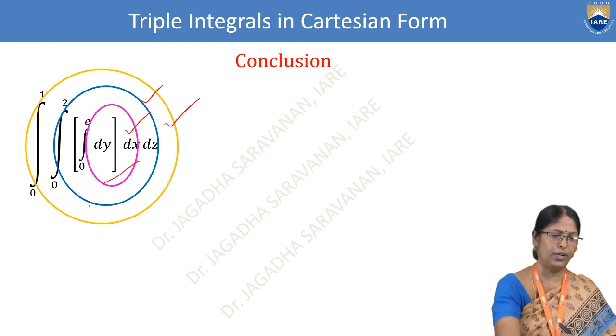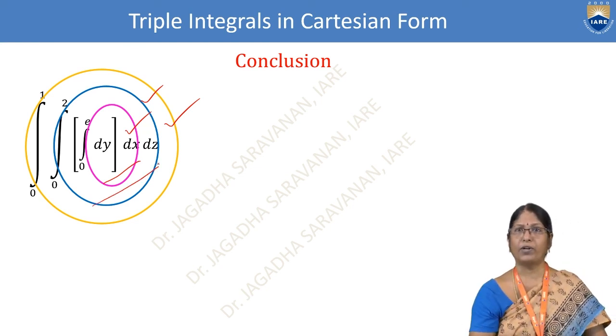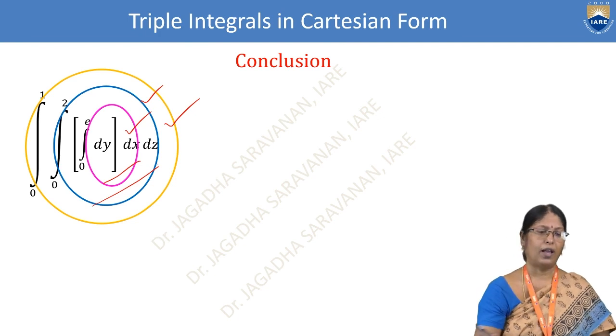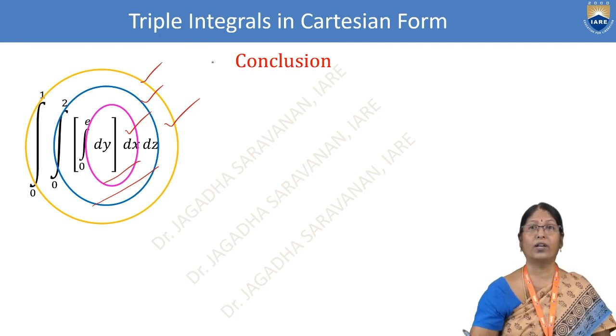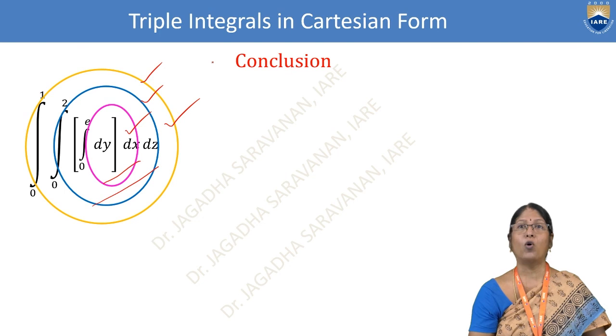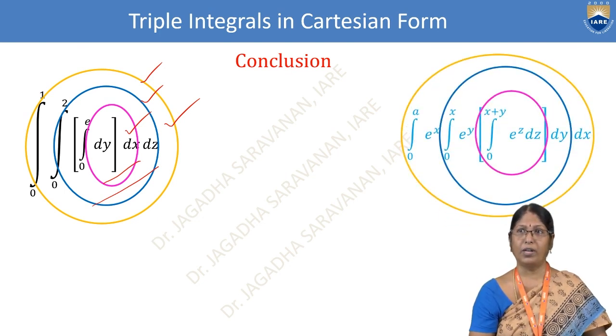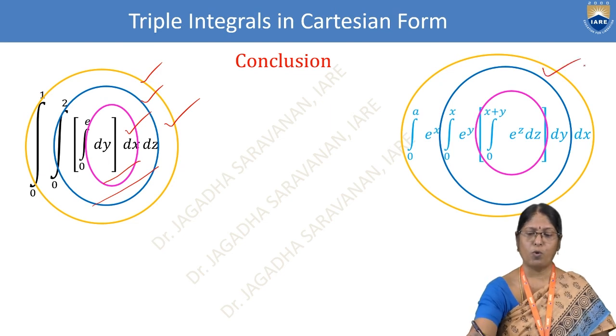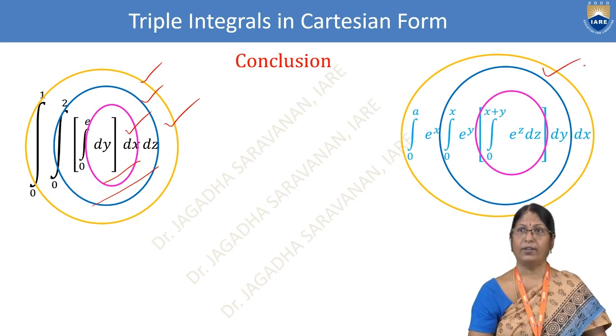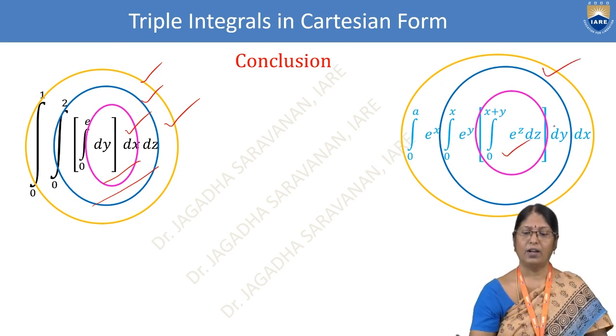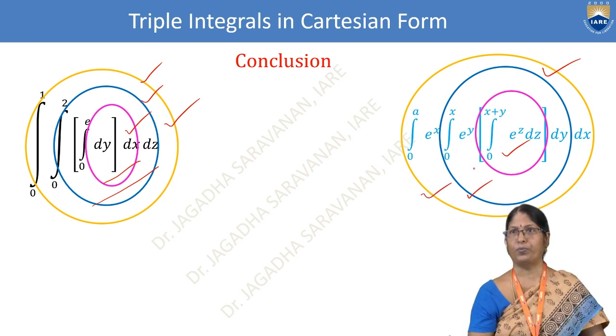After solving the middle integration, this particular place is substituted, and finally we concentrate on the outermost integration. In a similar way, one more problem is also done, that is inner, middle and outermost.